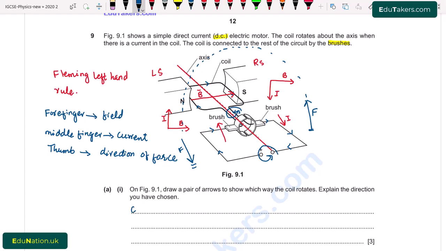Current travels from positive to negative terminal.